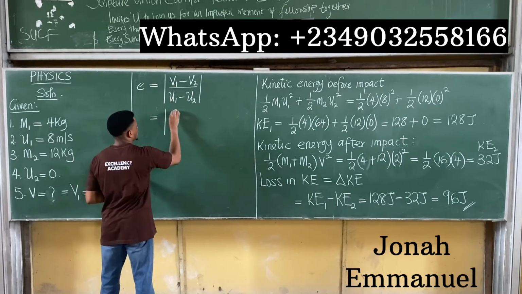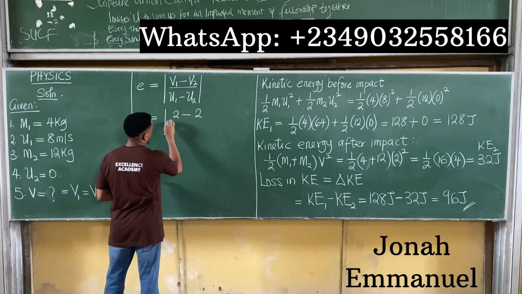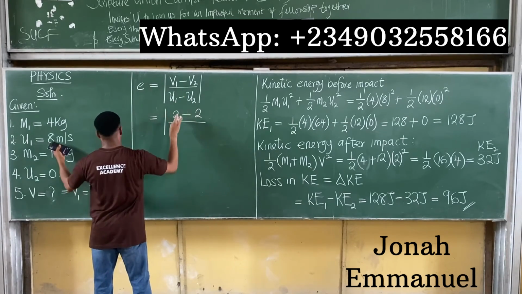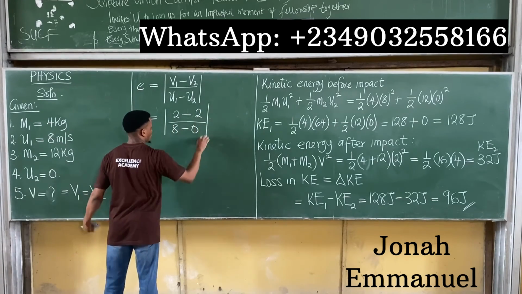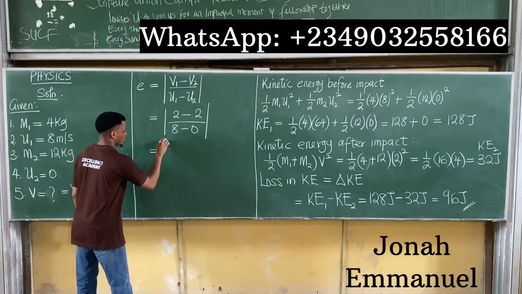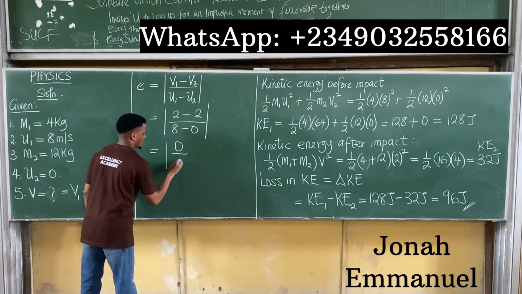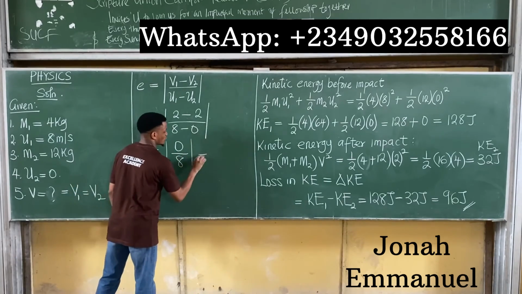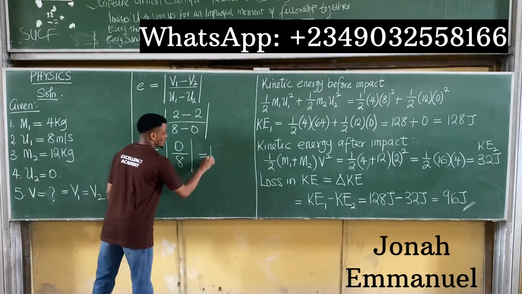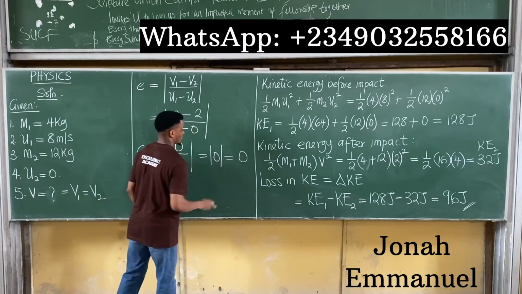V1 is 2 minus V2, also 2, all over U1, which is 8, minus U2, which is 0. So this is equal to 2 minus 2, which is 0, all over 8 minus 0, which is 8. If I work on this, E is equal to 0 over 8, which gives the absolute value of 0, and that's equal to 0.